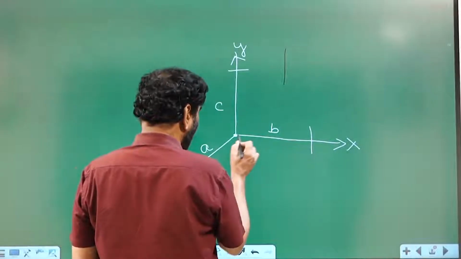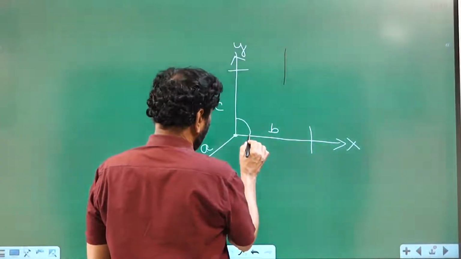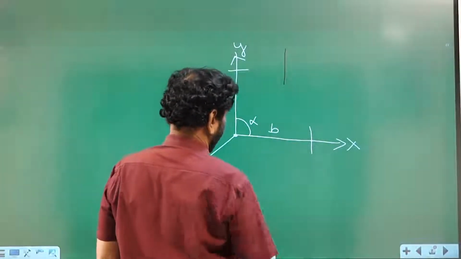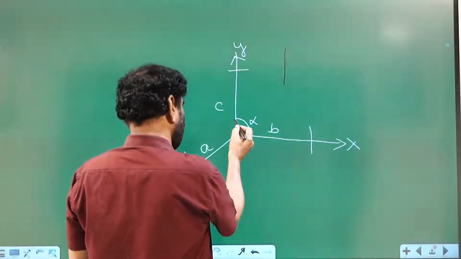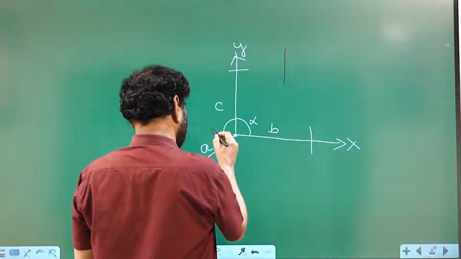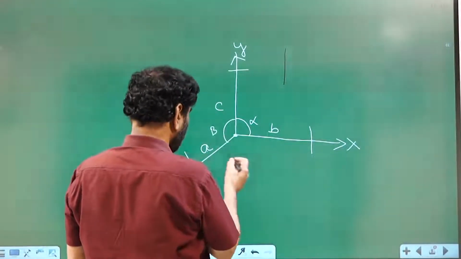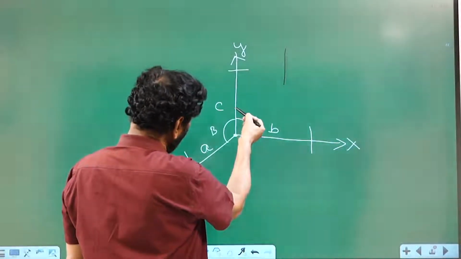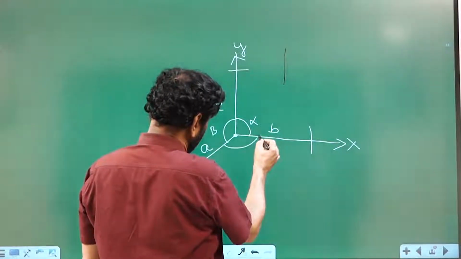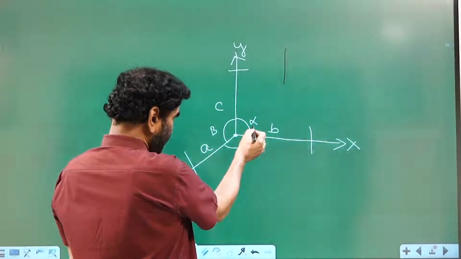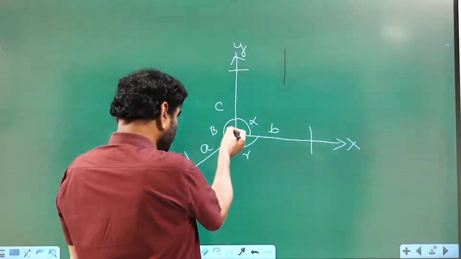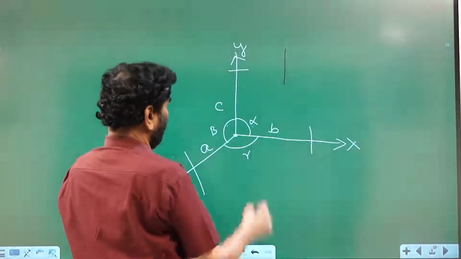The angle opposite to A is called alpha. Opposite to B is called beta. Opposite to C is called gamma. This is alpha, the interfacial angle. This is beta. This is gamma.